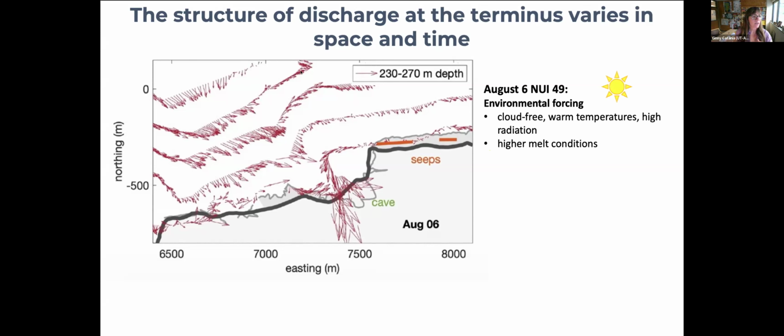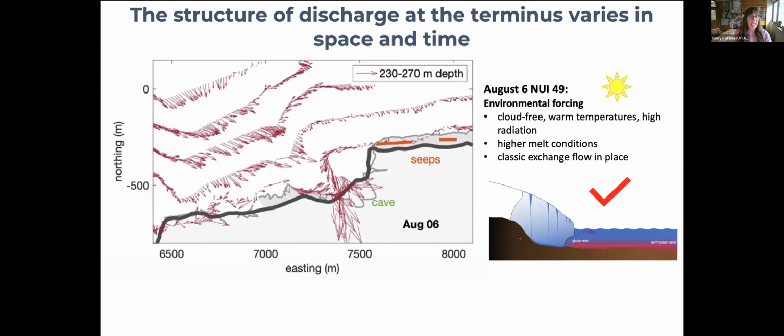And so this kind of focused inflow at the place where we think subglacial discharge is dominant is very clearly represented by this classic exchange flow, this idea that buoyant plumes are emerging in this cave region, causing this vigorous drawing in of ocean water at depth towards the glacier. And we have good evidence of that on this day, August 6th, when it's very sunny.